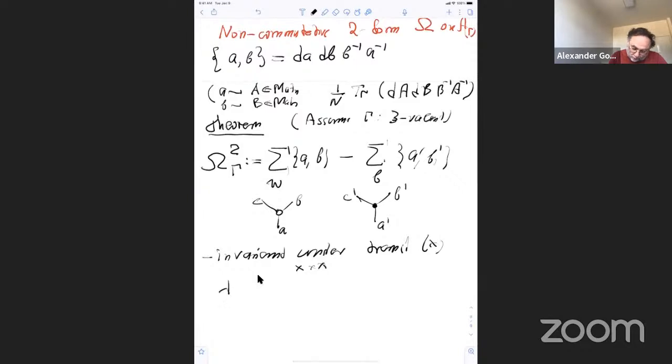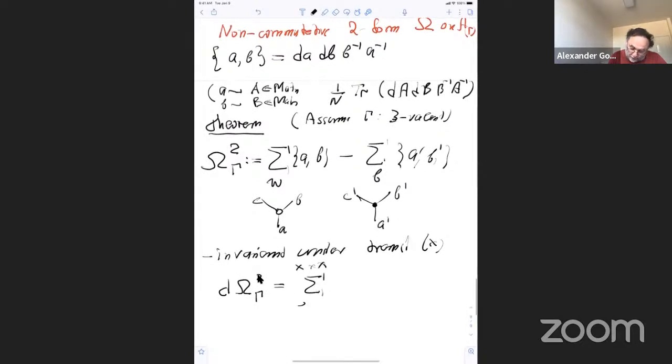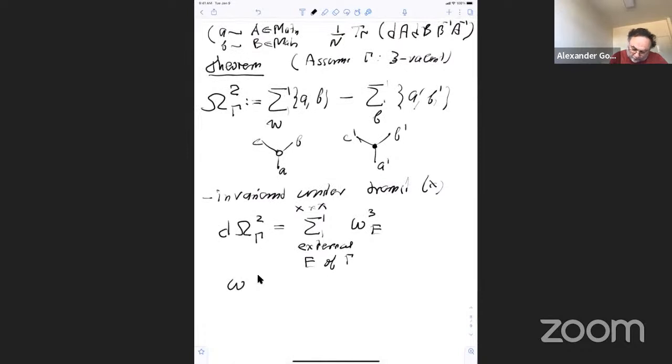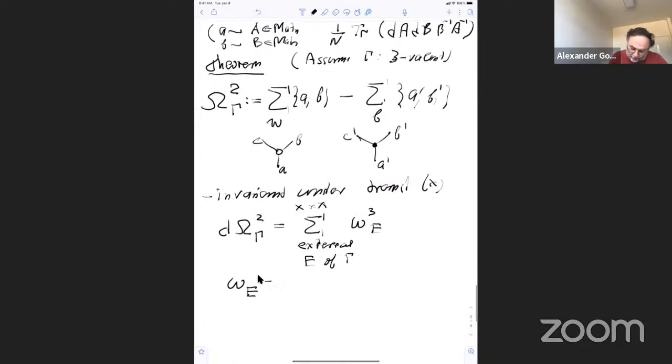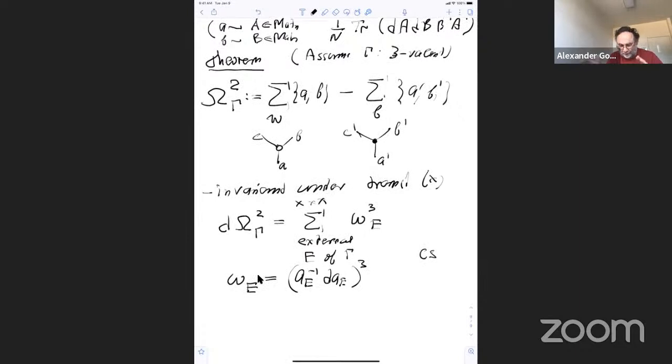Secondly, it's not exactly closed, but if you take its differential, then you get a sum over all external edges E of gamma of a certain three form. And this three form is very well known to everybody for a long time. This is just the standard A inverse dA cube form. For example, if you look at Chern-Simons or whatever, you always see this form, whatever part of science you belong to.